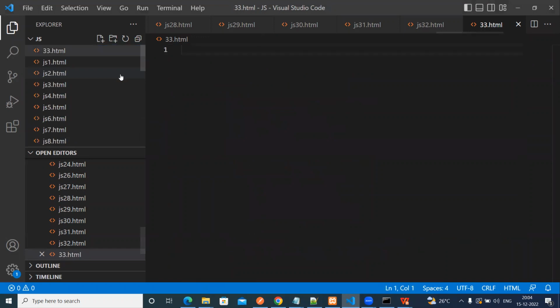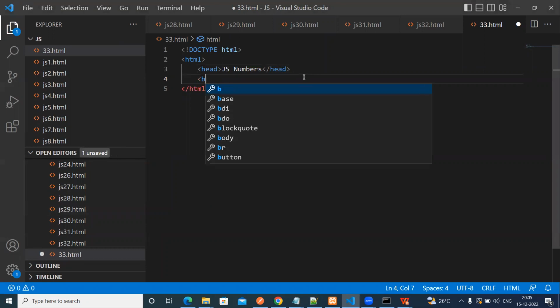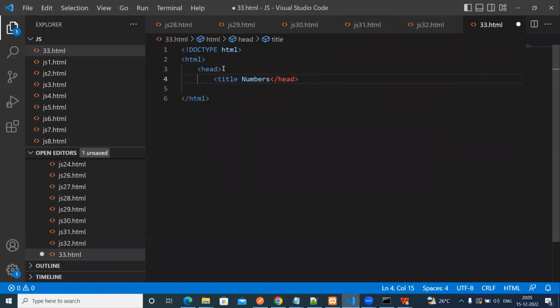Create a new file, 33.html. Type the doctype, then html, head, and the title inside the head: JavaScript numbers concept.